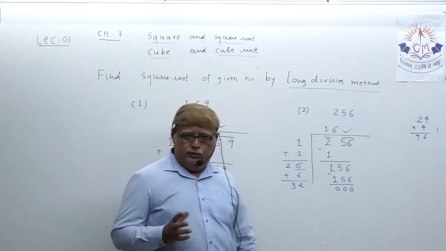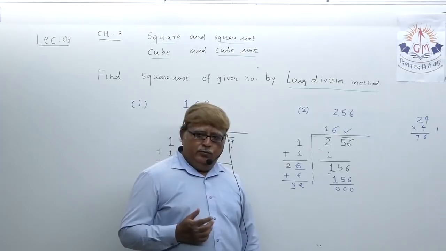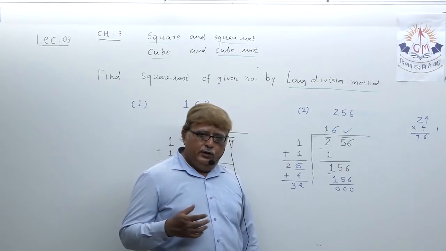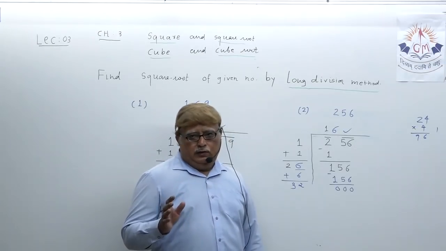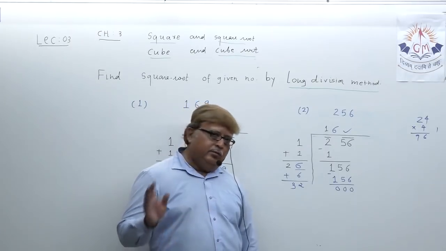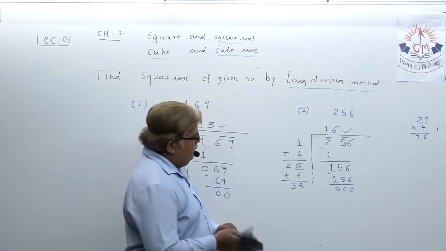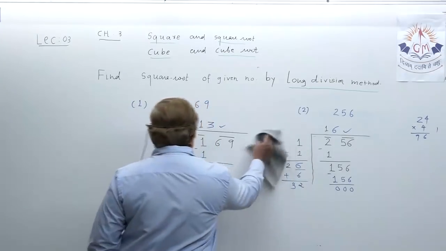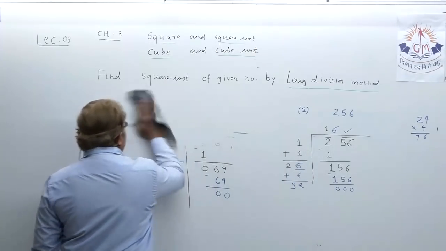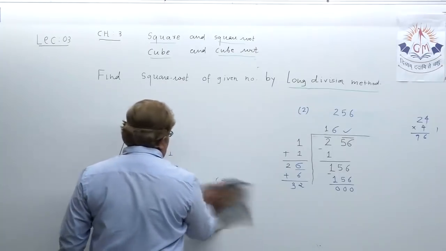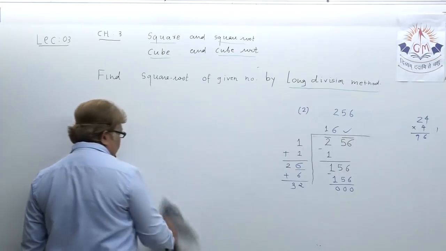If your concept is clear, then you may be able to solve any example consisting of any number of digits by the long division method. Okay. I am just not erasing that sum. Let us write another for you.